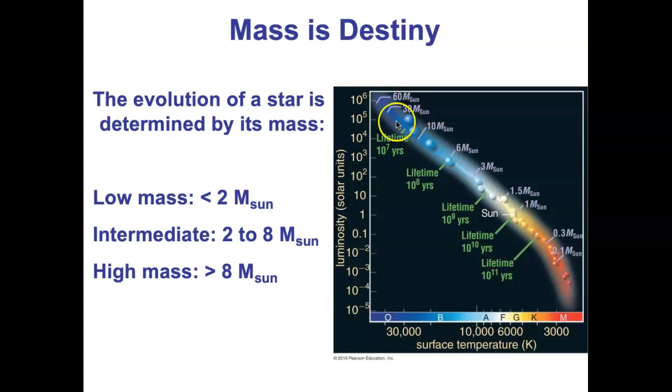And that's why the high mass main sequence stars are the hottest, the brightest, the largest, and the shortest lived. Because the only way to keep pressure in check is to burn that fuel so fast. And that means you run out of fuel in less time. So that's why the mass of a star is its destiny.